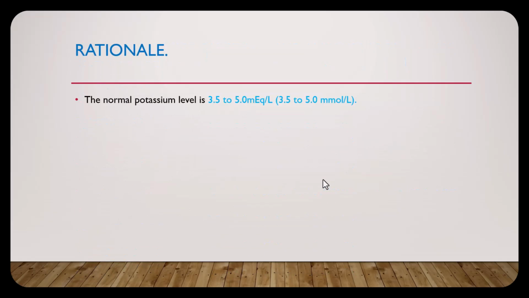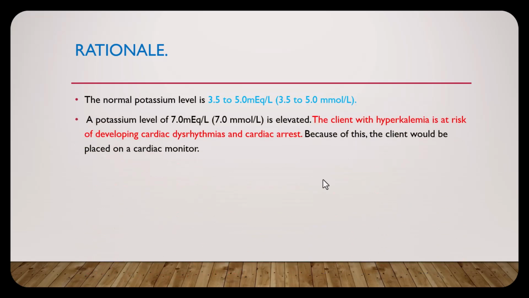The normal potassium level is 3.5 to 5.0 millimole per liter. A potassium level of 7.0 millimole per liter is elevated. So the client with hyperkalemia is at risk of developing cardiac dysrhythmias and cardiac arrest.